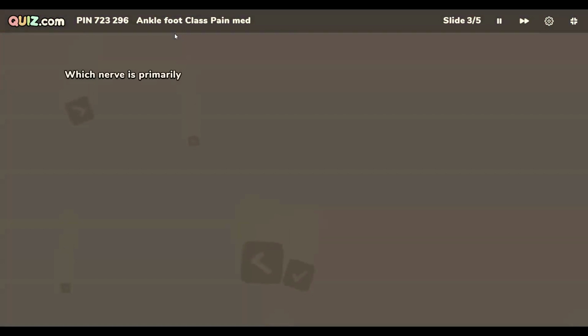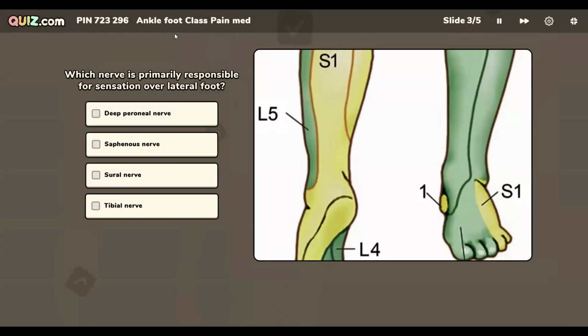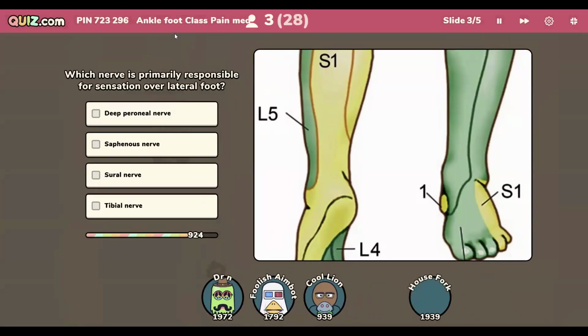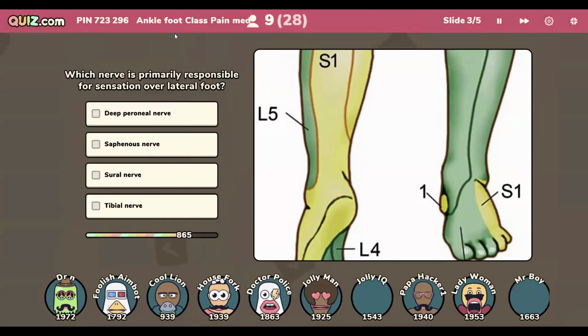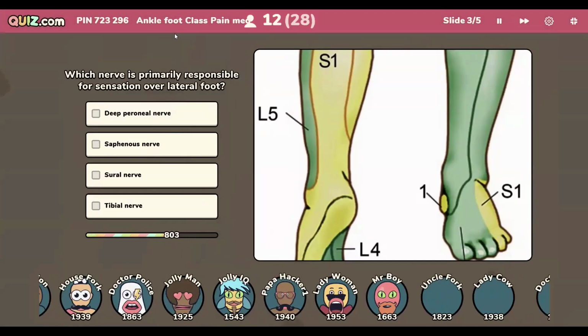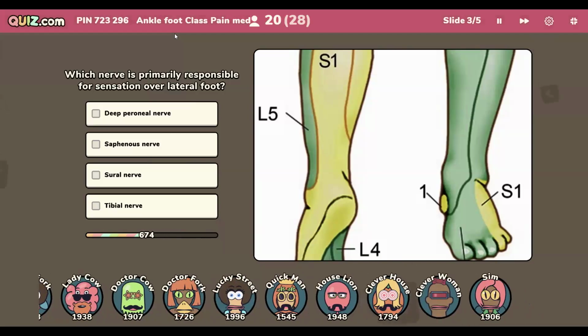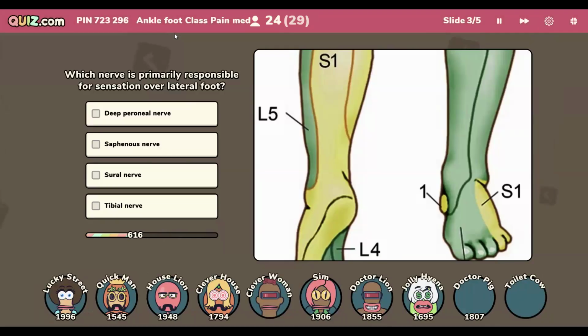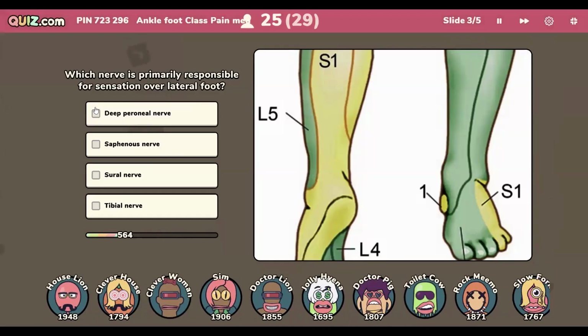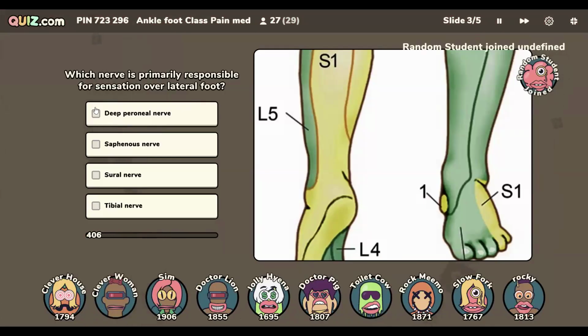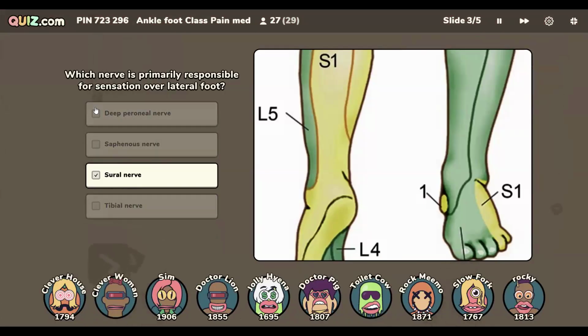Which nerve is primarily responsible for sensation of the lateral foot? Sural nerve.